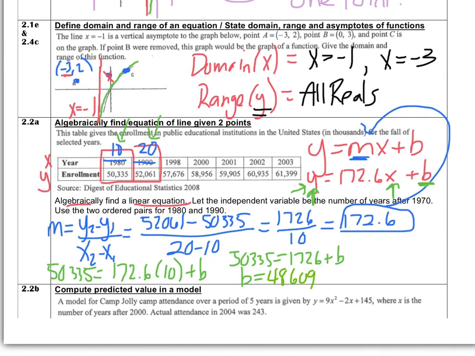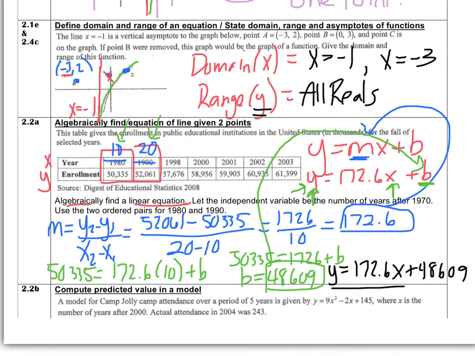Therefore, we can take this value right here, plug that back in for our b, and then write the final equation for our line, which will end up being y equals 172.6x plus 48,609 is the final answer. And in this case, remember, x stands for the number of years after 1970, and y will give us the enrollment in thousands.